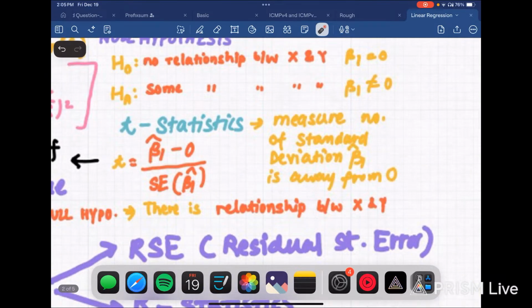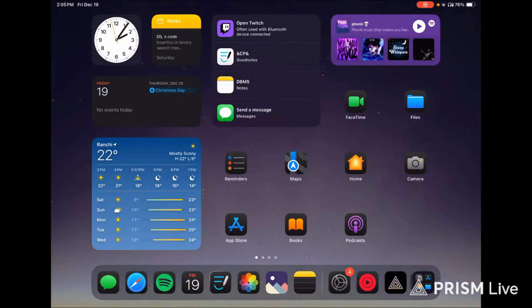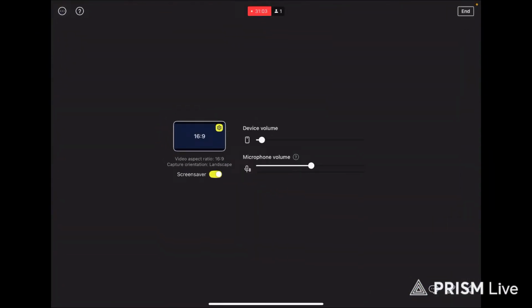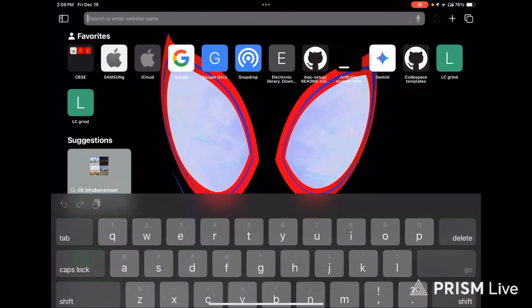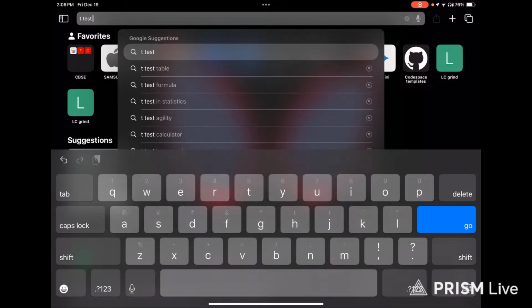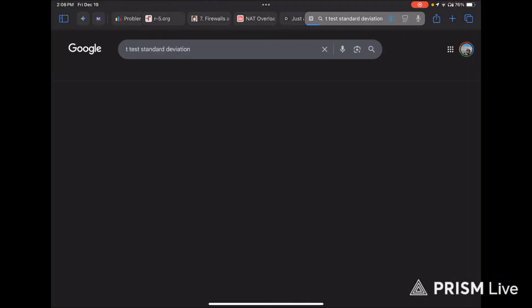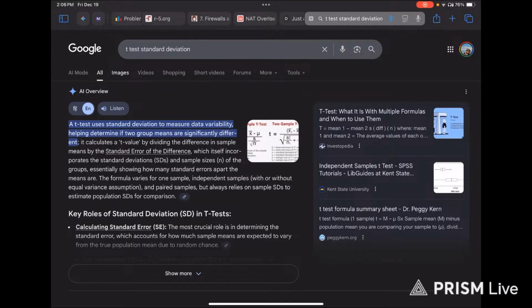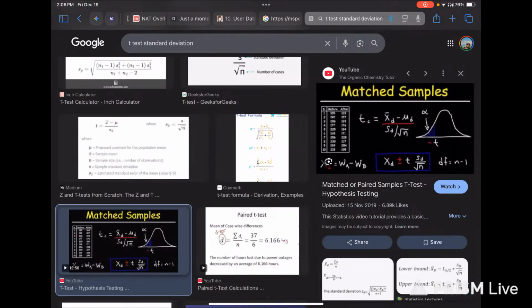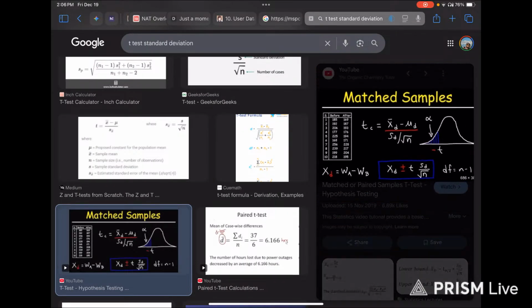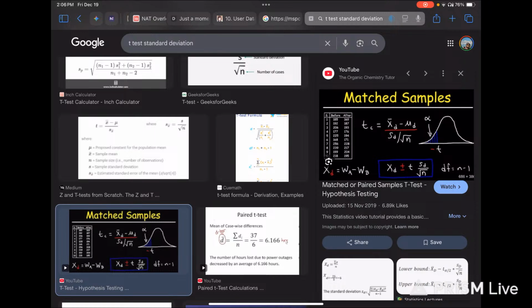If you want to see it more clearly, I can show you. This is the standard deviation formula.